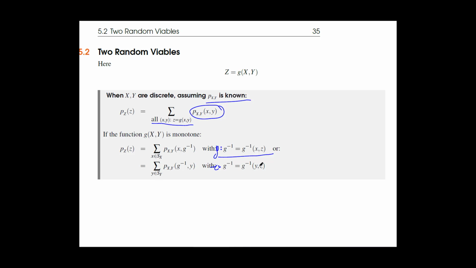Here we are taking the inverse and it gives us y, and in the second one, the inverse gives us x. So in the first one, we use the inverse for y and in the second one for x. Now they're identical, you're going to get the same answers, but there are just two options. All right, let's do an example.